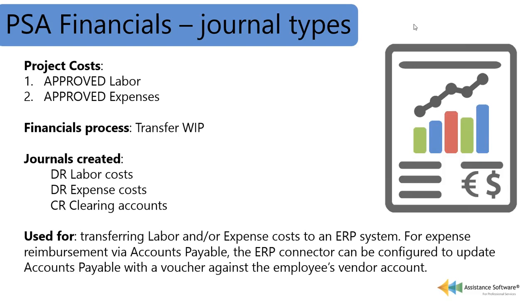The journal entry that you would introduce into the system would come from the payroll processor, and it would debit your labor costs and credit a variety of liability accounts. In which case, you don't really have a need to transfer the labor costs from PSA into ERP.